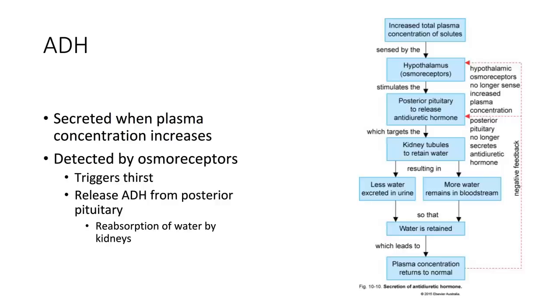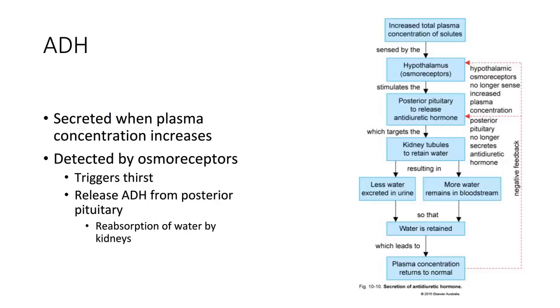So ADH is responsible for concentrating your urine, making the urine more dense by taking the water out of the urine and returning it to the body. So the flow chart on the right, we have this increased total plasma solutes that the osmoreceptors pick up in the hypothalamus that tells the posterior pituitary to release antidiuretic hormone, which tells the kidneys to retain water.